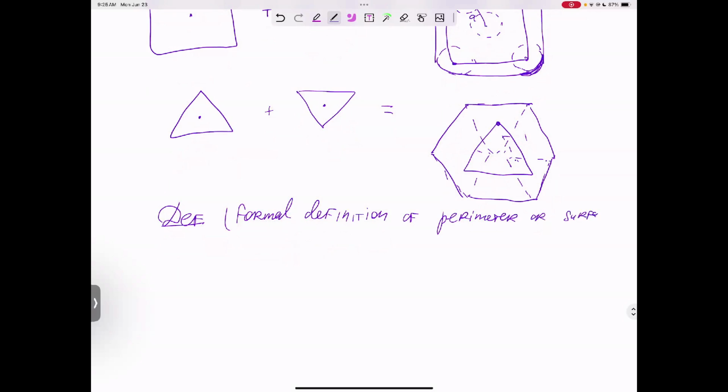Sometimes it's called also surface area. So suppose K in Rn is a measurable set, let's say Borel measurable set. When I say measurable, I usually consider Borel measurable.